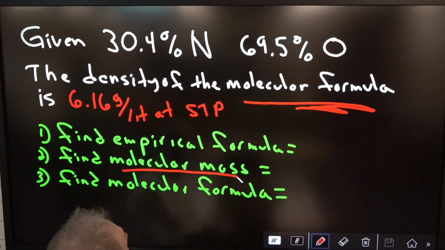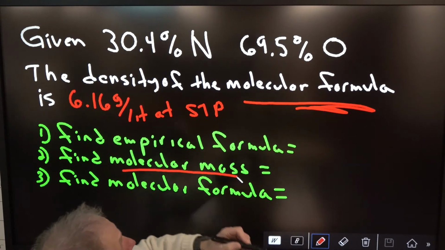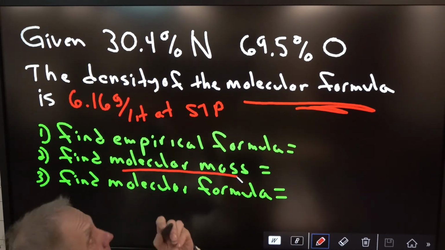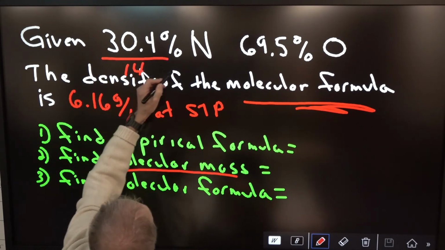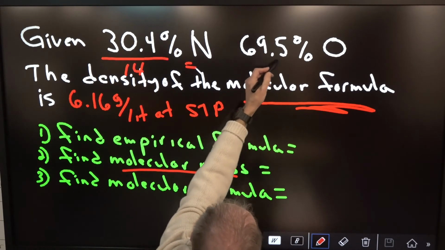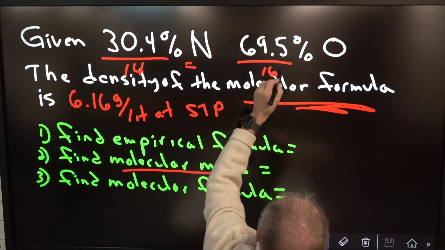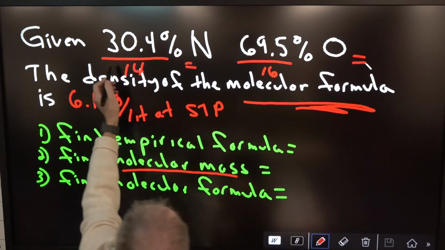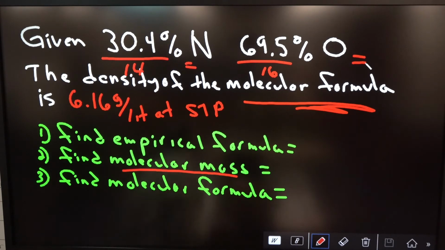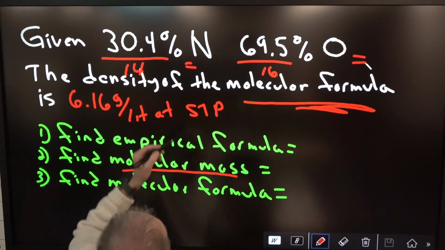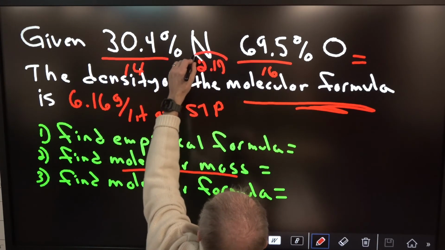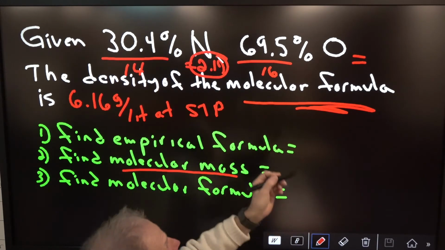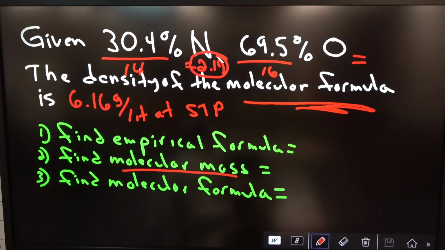So let's do it. Remember, to find empirical formulas, you divide by the atomic mass. So 30.4 divided by 14 equals, and 69.5 divided by 16 equals. 30.4 divided by 14 is 2.17, and 69.5 divided by 16 is 4.3.